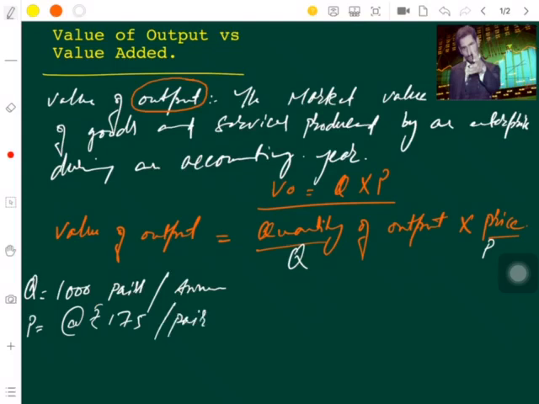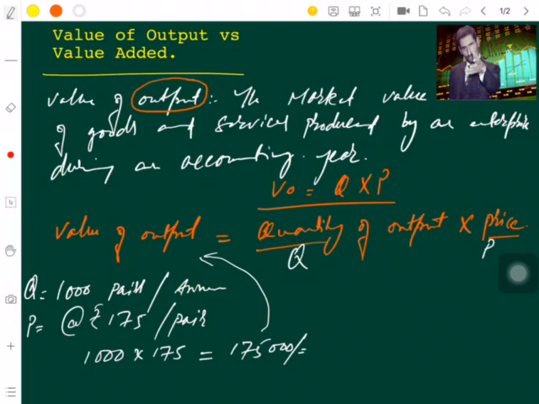So this is the total production, 1,000 pairs per annum, and this is the price per pair. The value of output will simply be this 1,000, that is quantity, multiplied by the price per unit, which comes to 175,000. This 175,000 is the value of output for this particular enterprise which is producing shoes.